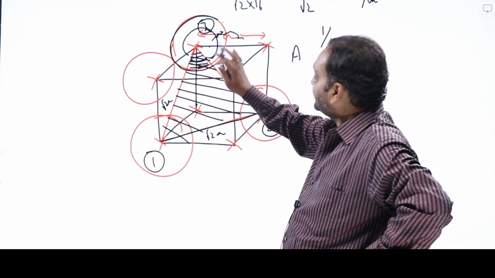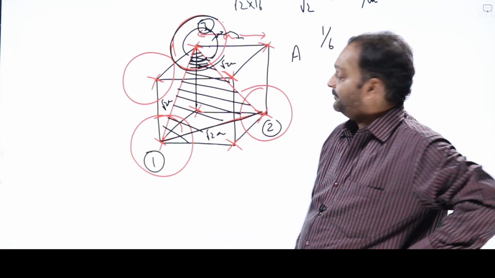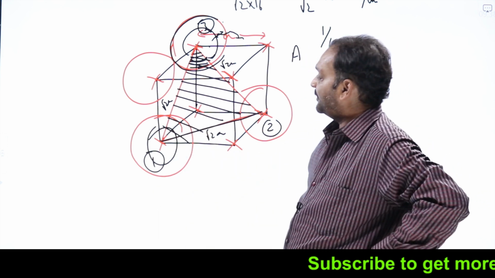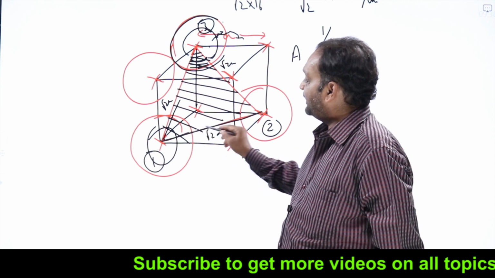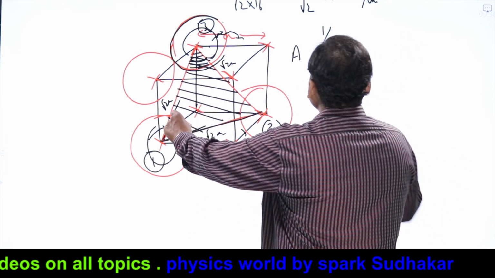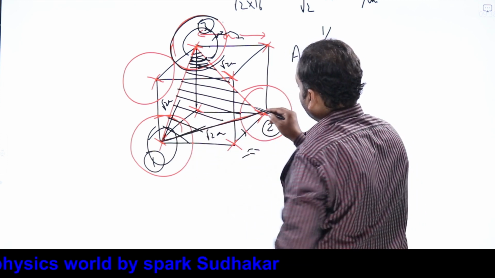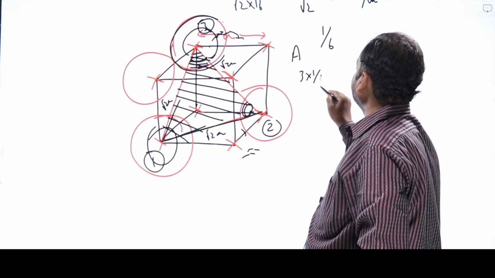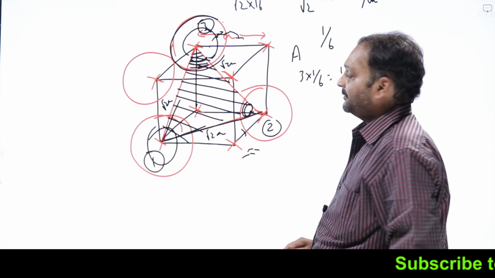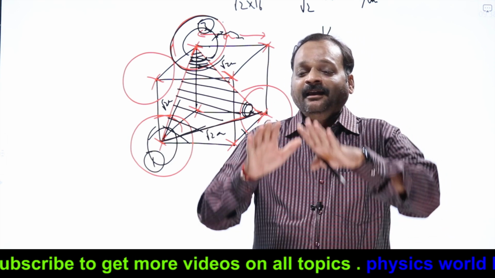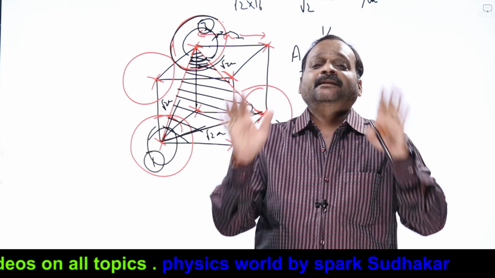Similarly, here also the entire area is 360 degrees, and our plane takes only a 60 degree section, so from this also only 1/6 is coming, and from this also only 1/6. That means 3 into 1/6, which is effectively half an atom. So our 111 plane effectively considers only half an atom's cross-sectional area.